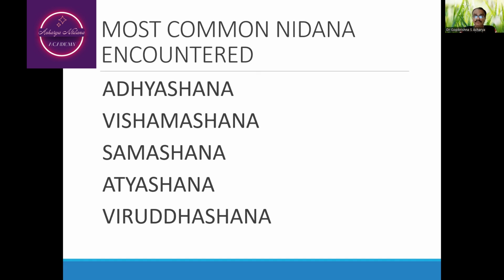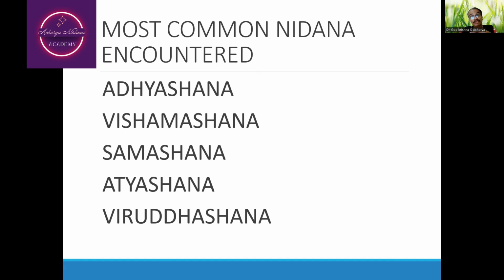Atyashana. When you say Atyashana, he takes too large a quantity of food at a particular time. This is specifically seen in marriage functions, taking too many sweets or laddus, so that he is not in a position to take the food further.